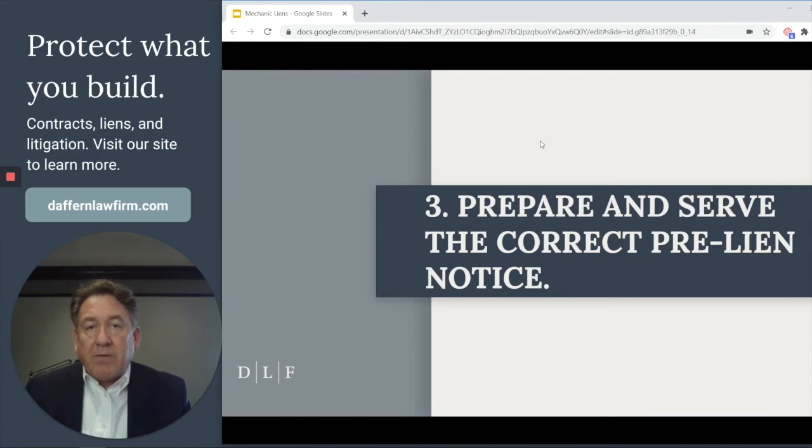Now, if you have a contract directly with the owner, again, you're a general or original contractor, well, the owner already knows that you're on the job, so you don't have to send him a pre-lien notice. It's designed for those subcontractors and sub-suppliers who the owner may not know about, to give him or her notice that you're on their project so they can make sure that you get paid.